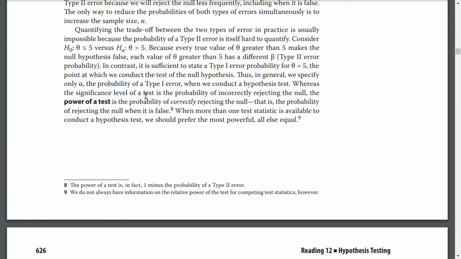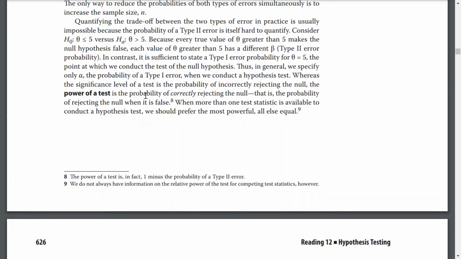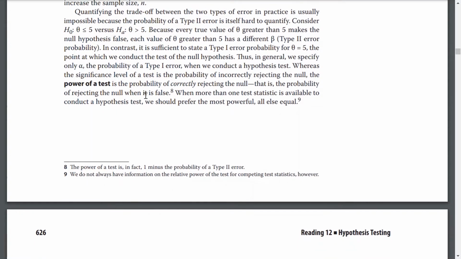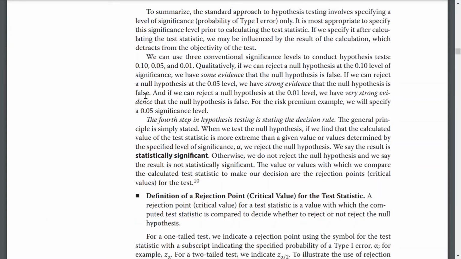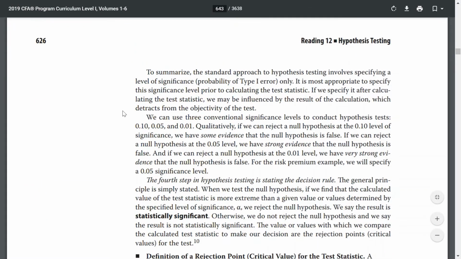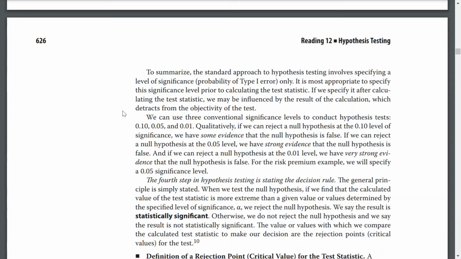When more than one test statistic is available to conduct the hypothesis test, we should prefer the more powerful, all else equal. To summarize, the standard approach to hypothesis testing involves specifying a level of significance, the probability of a type 1 error only. It is most appropriate to specify the significance level prior to calculating the test statistic.